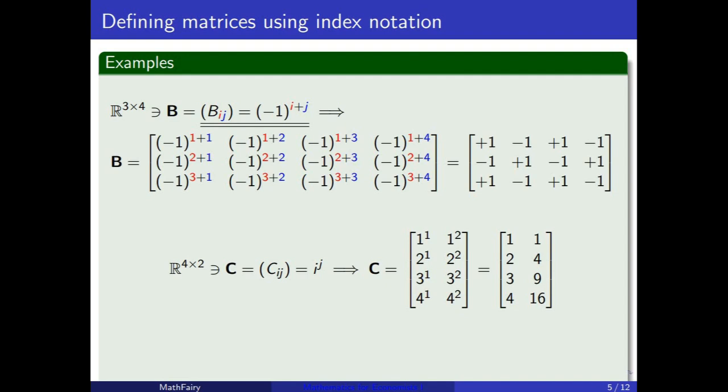And j, which is the column index, is the exponent, which results in having 1 in the exponent in the first column and 2 in the exponent for the second column. And for our final example, we have a 2 by 5 matrix for which d_ij is 3. So notice that it doesn't depend on i or j. So this will be a constant 3 matrix. Every single element is 3. So this can be easily expressed with the all ones matrix.